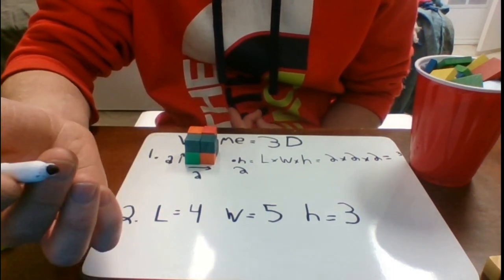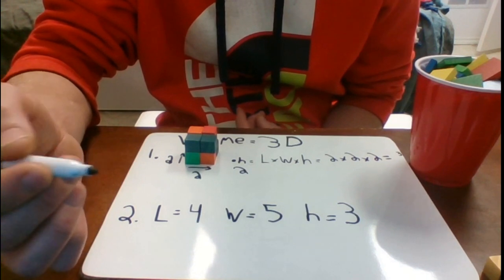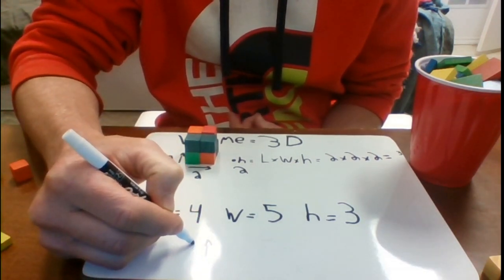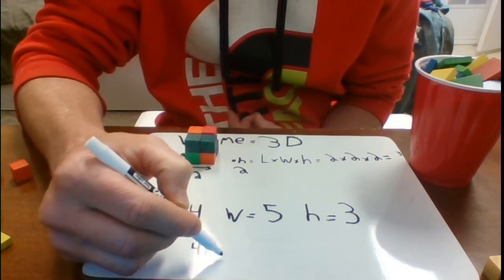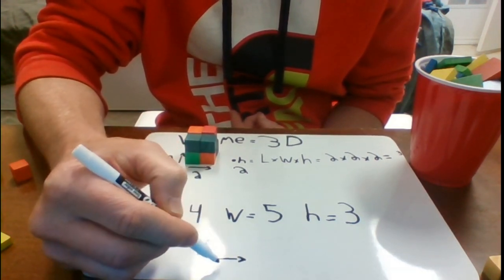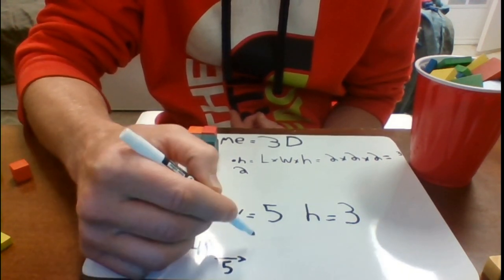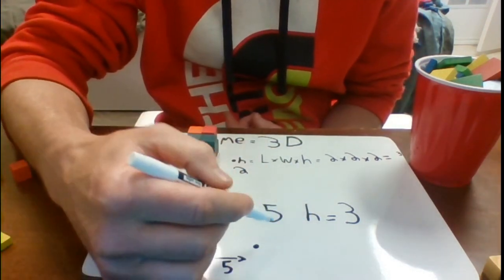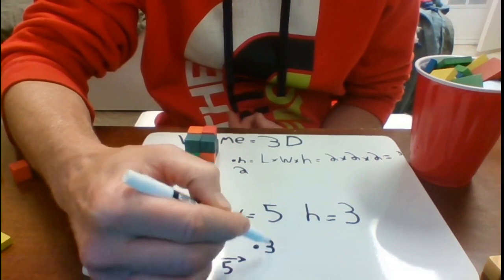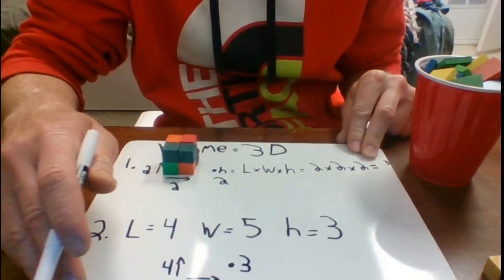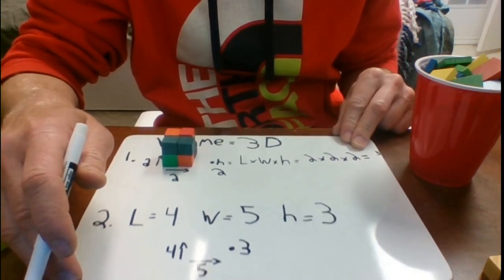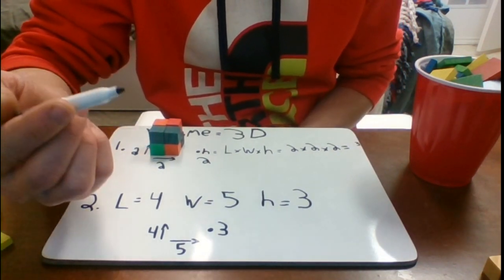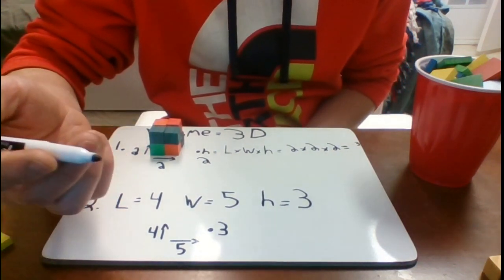You can build it or visualize it. But the length is going to be 4. The width is going to be 5. And the height, going up and down, is going to be 3. Okay, so that's your next one.